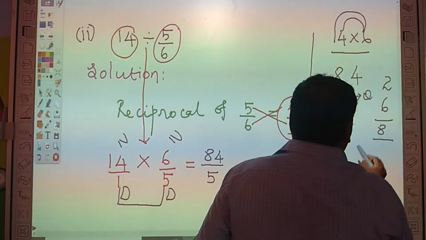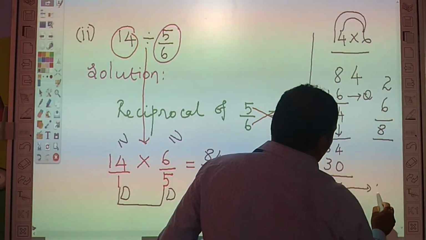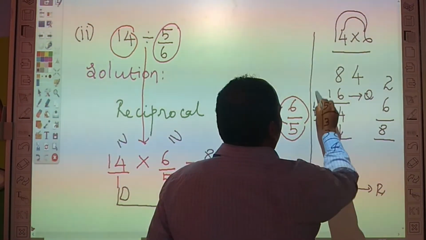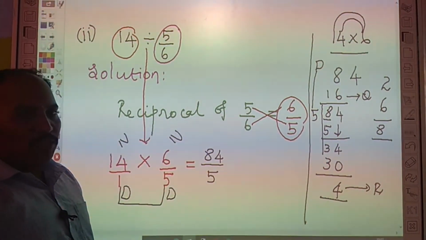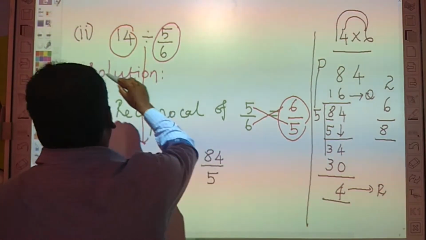This is a quotient part. This is a remainder part. This one is division, because you want the mixed fraction.